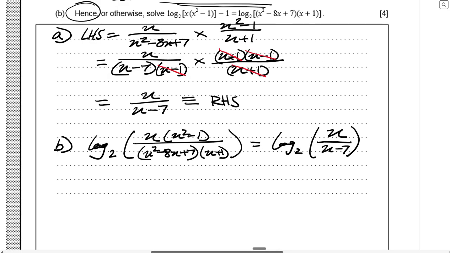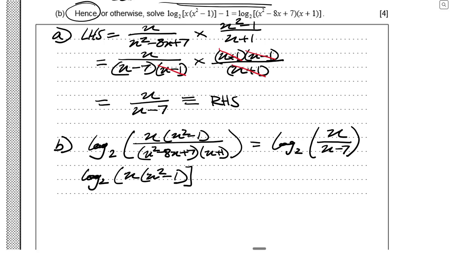And so what we get there is log base 2 of x squared minus, and that is what we saw. That's on our left hand side, right? That's here.